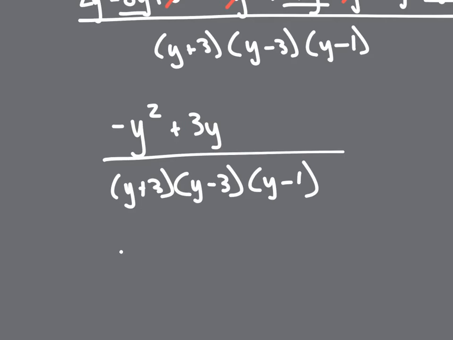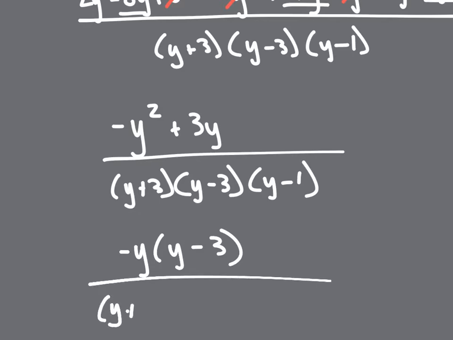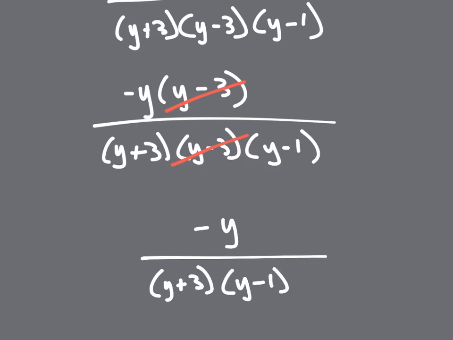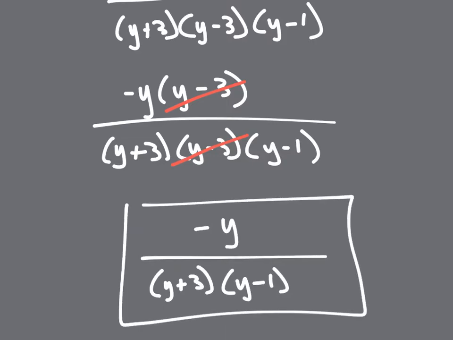If I factor out a negative y, then you're left with y minus 3 over y plus 3 times y minus 3 times y minus 1. And what you can notice here is that the factor of y minus 3 can divide out. And then you're left with negative y over y plus 3 times y minus 1. And that is my simplified answer.